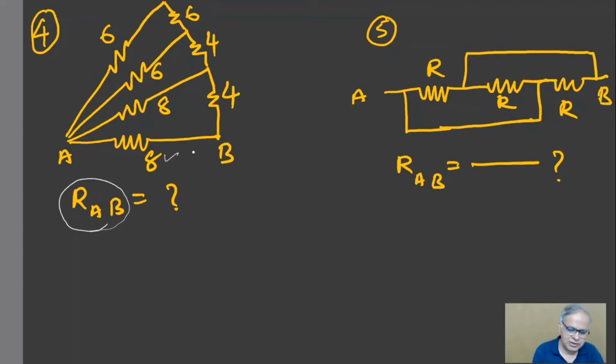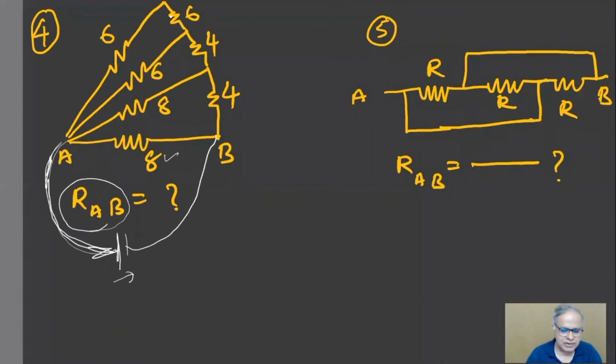What it means is, if I connect a cell across A and B, what value of a single resistance will send the same current to the cell as this whole combination?